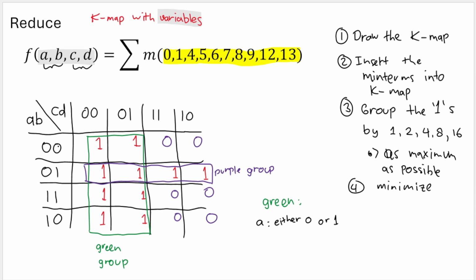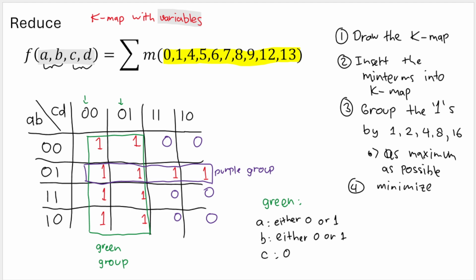B. B can also be either 0 or 1. And then what is C? C is always 0, right? Because we have this and that. This and that. C is always 0. So we will have C is equal to 0.